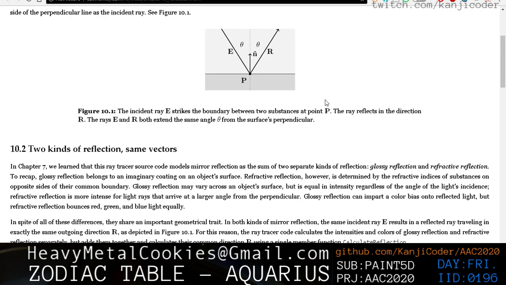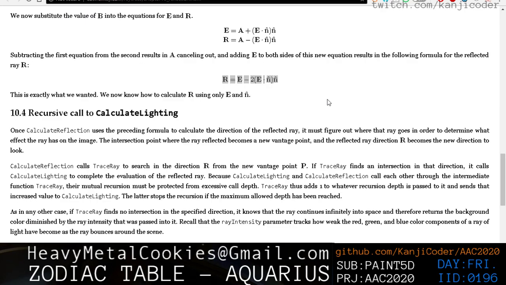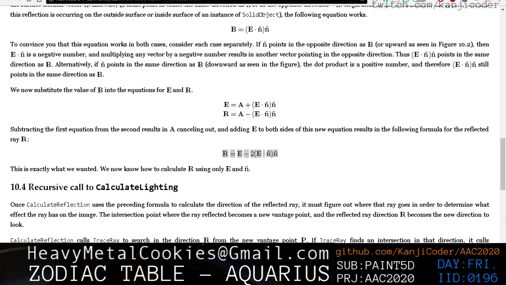No, the input angle is E, the output angle is R. Okay.